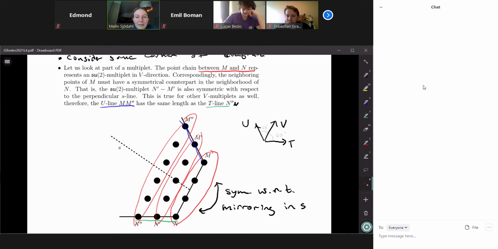So it implies that this length here must be the same as this length here, because all these states have a mirrored state here when we mirror in this axis. So we have a symmetry with respect to mirroring in this axis. From this, we conclude that the length of the multiplet here should be the same as the length of the multiplet here.